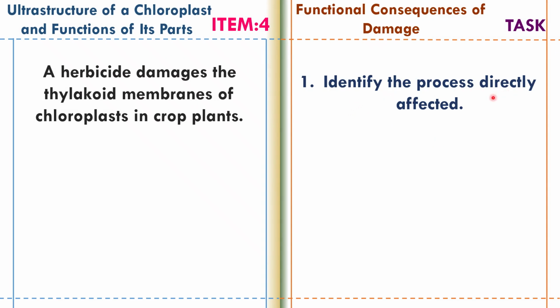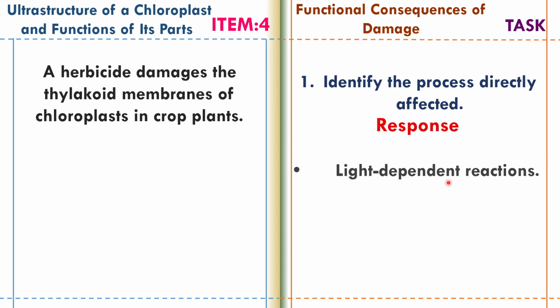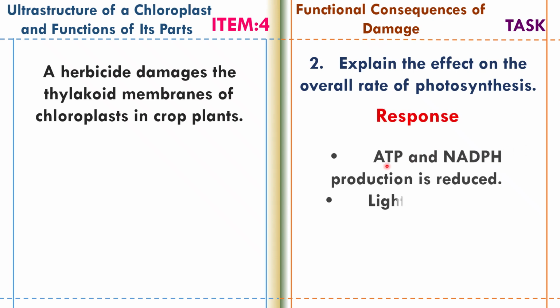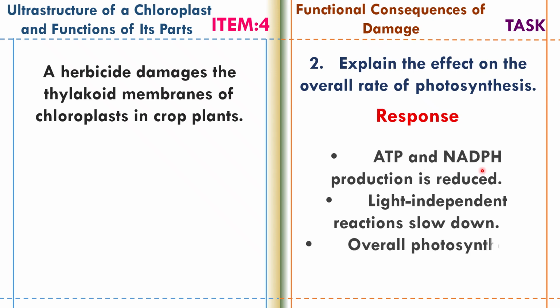Identify the process directly affected. Light-dependent reaction. Explain the effect on the overall rate of photosynthesis. ATP and NADPH production is reduced.